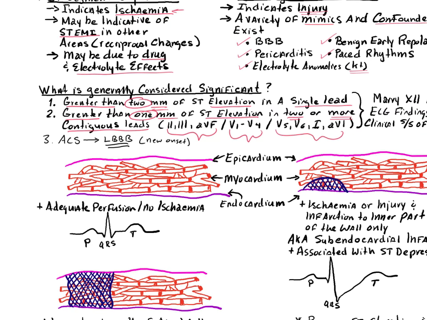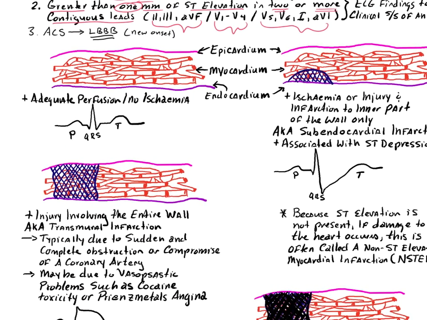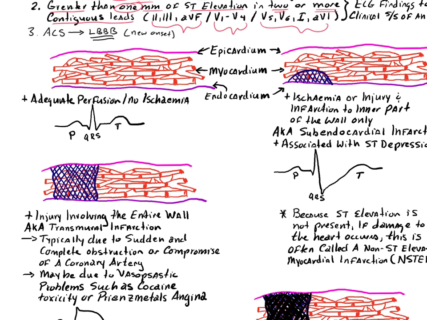All right. So what I've done is I've drawn some pictures for you guys. These are pictures of the heart wall from the inside to the outside. The heart is divided into 3 layers. The endocardium is the innermost layer. The myocardium is the middle layer. It's the thickest layer. It contains the heart cells, the myocytes, the contractile cells.